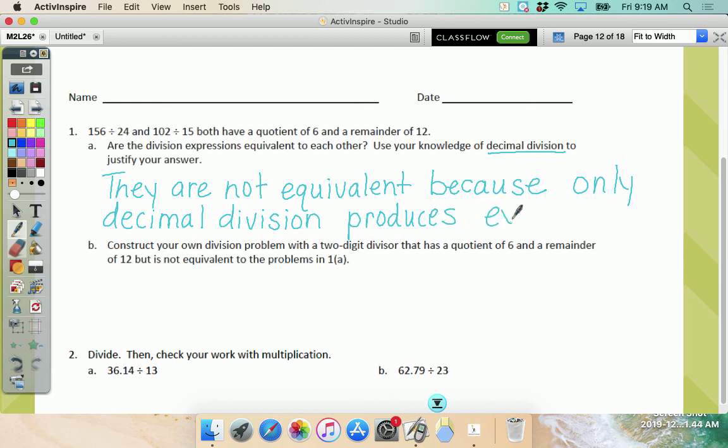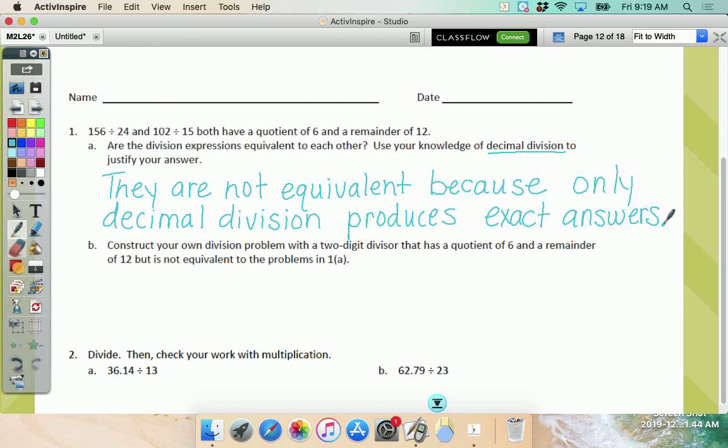Exactly. You got it. She just read my mind. Exact answers. Only decimal division will produce exact answers. And by produce, I mean give you exact answers.